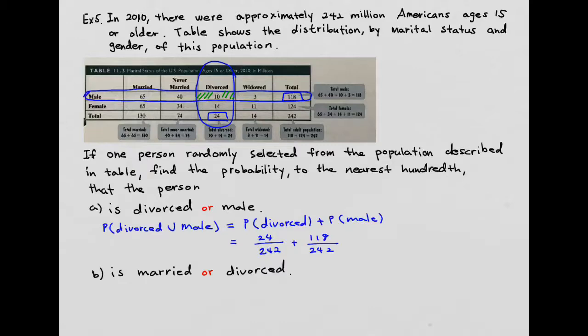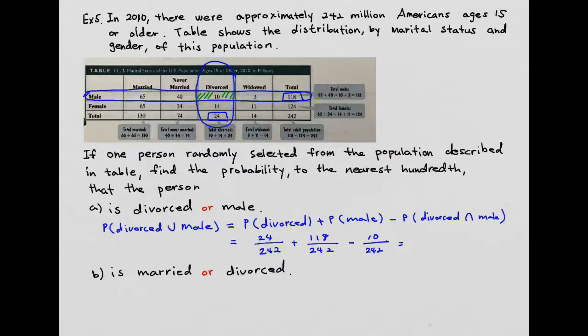So what I need to do is subtract that 10. Subtracting that 10 over 242 probabilities, and that's going to be the probability of divorce and male.